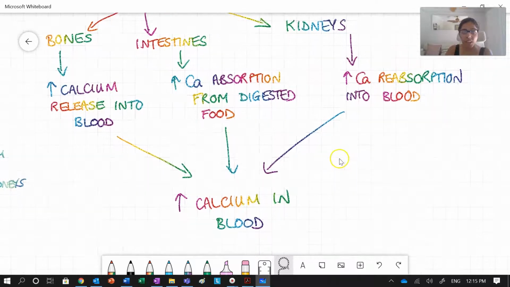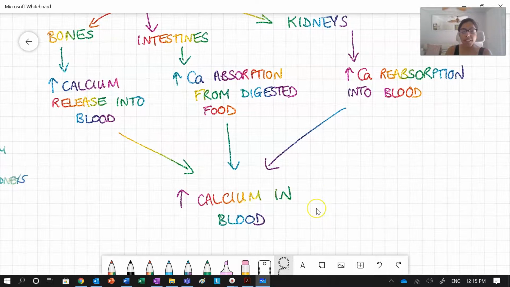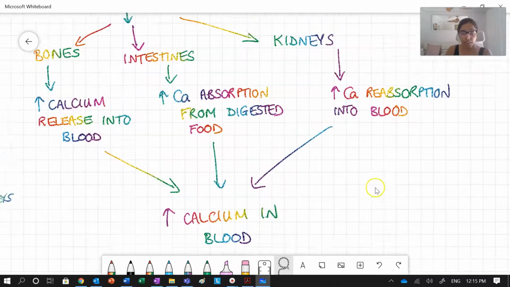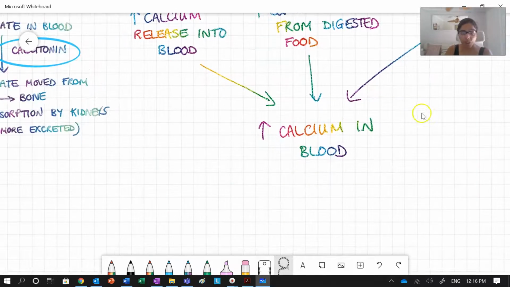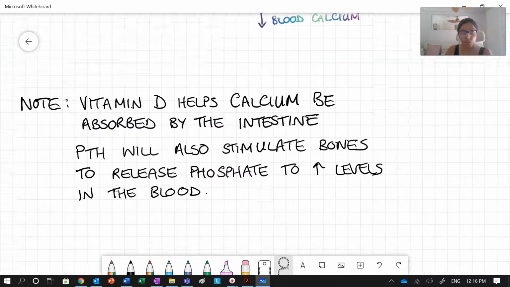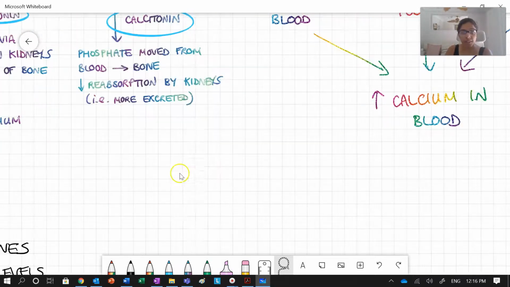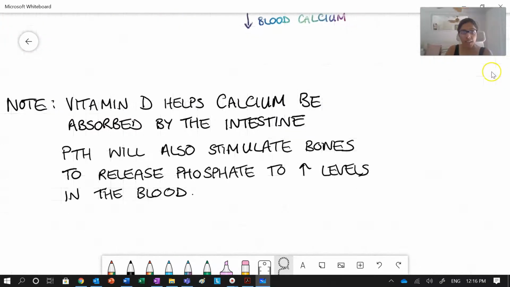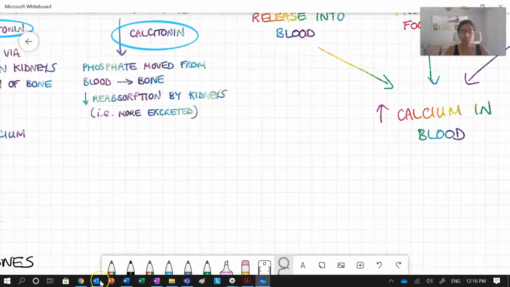The effect of all 3 mechanisms is that we increase calcium in the bloodstream. Now, I should add as a little note that vitamin D helps calcium to be absorbed by the bloodstream. And also that parathyroid hormone will also stimulate bones to release phosphate and therefore increase the levels in the blood.